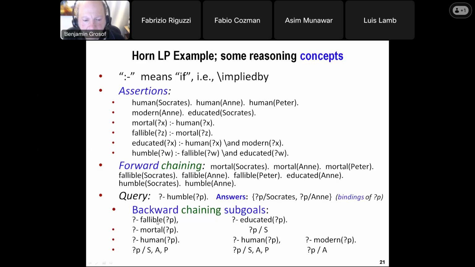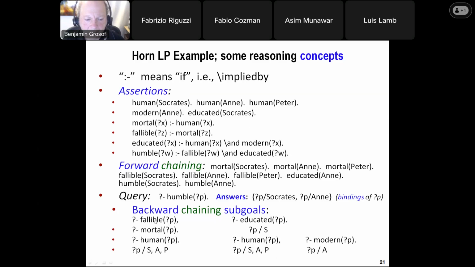And then backward chaining from fallible, we can get to mortal, to human, and then to some instances that satisfied human. And backchaining from the query educated, we get Socrates directly from a given fact assertion, but also via human and modern, we're able to get some bindings which imply that Anne is one, because human and modern are anded together, and so on.